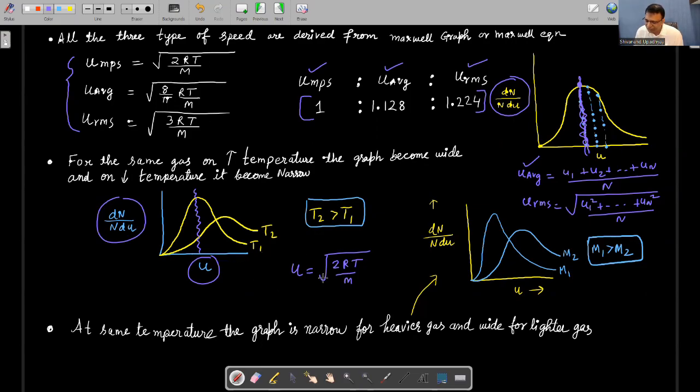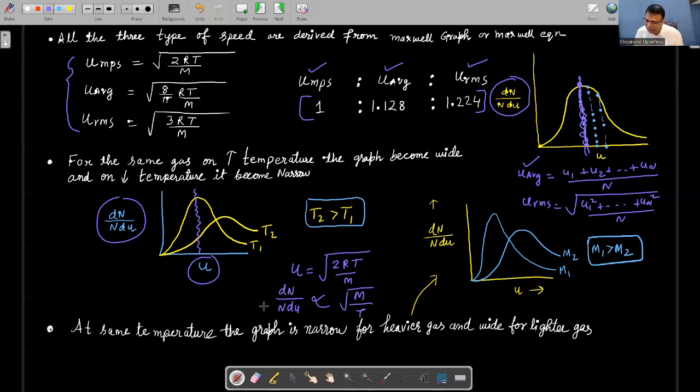And this height, dn upon n du: the speed is directly proportional to under root T by M, but this fraction dn upon n du is directly proportional to under root M by T. So this height is going to decrease on increasing temperature.